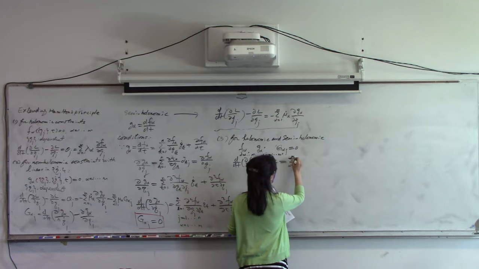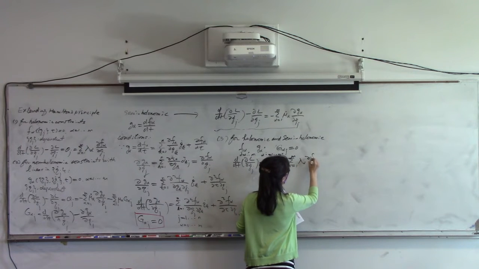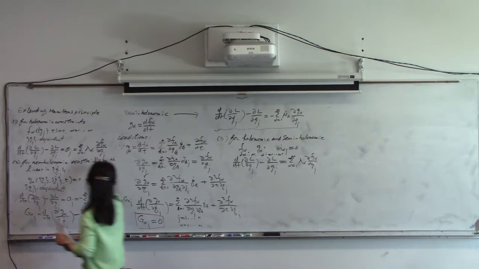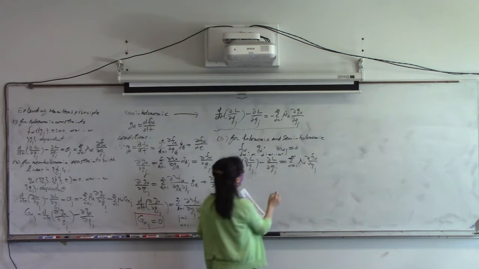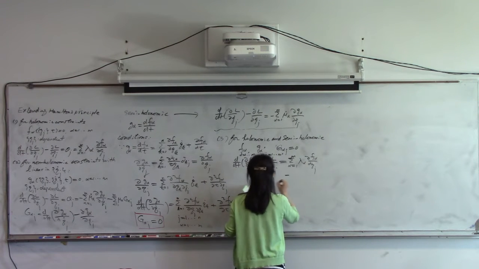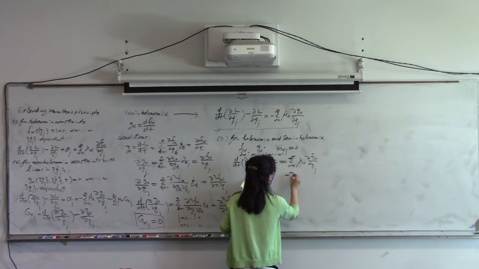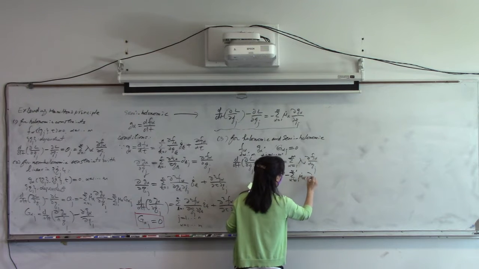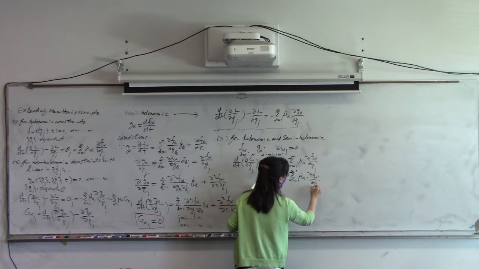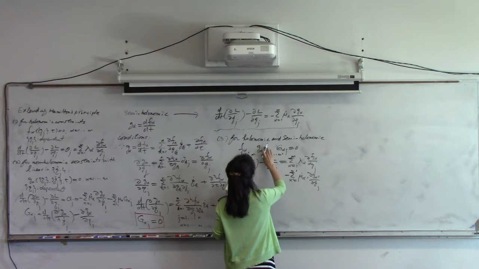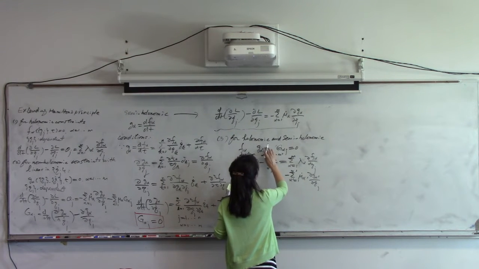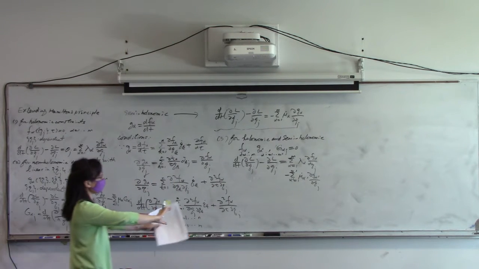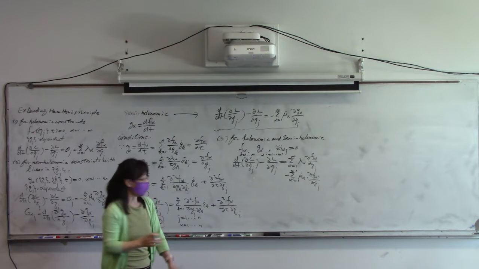So the sum over alpha from 1 to m of lambda alpha, partial f alpha, partial q_j, is this term, and plus, I can write minus because we have a negative sign here, the minus sum over alpha prime from 1 to m prime of mu alpha prime dot, partial g alpha prime, partial q_j dot. Okay, so this is the case, and we are going to discuss one example about this.